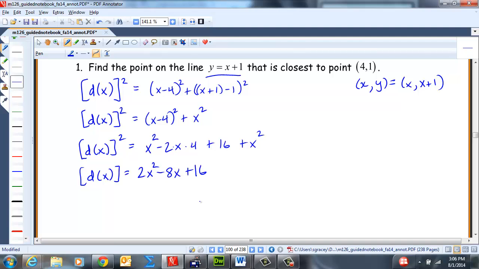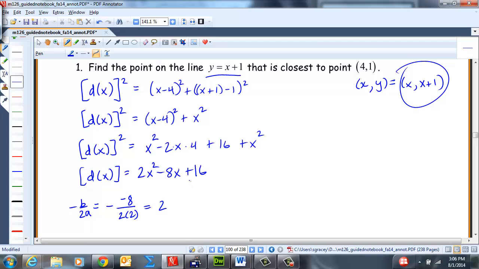So here we go. Negative b over 2a equals negative negative 8 over 2 times 2, and that is equal to positive 2.